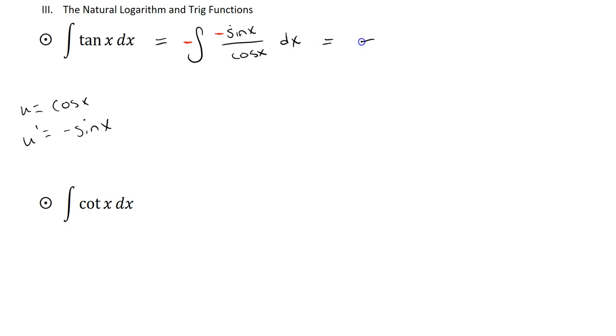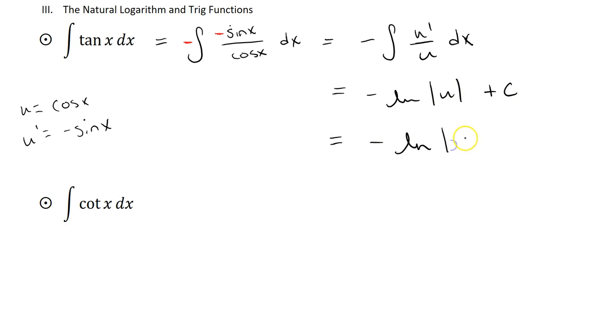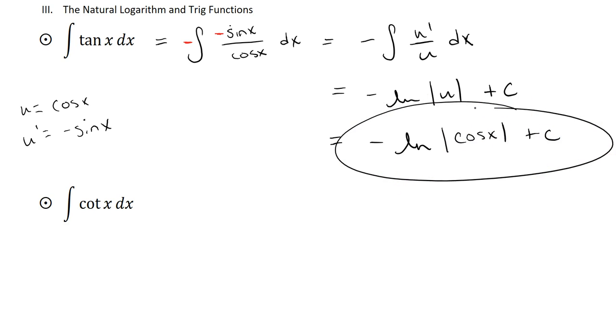And this becomes negative integral of u prime over u dx. So I could write that as the negative natural log of the absolute value of u plus c, or the negative natural log of the absolute value of cosine of x plus c. And that would be my answer there.